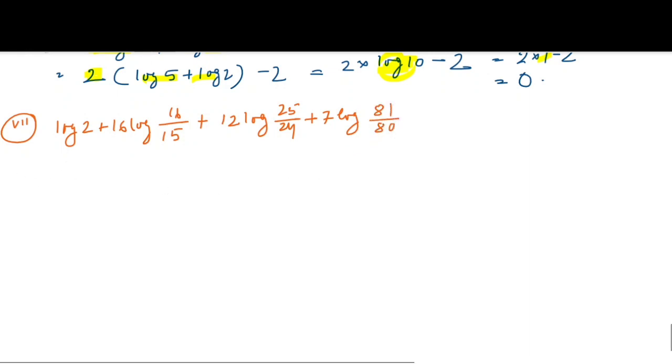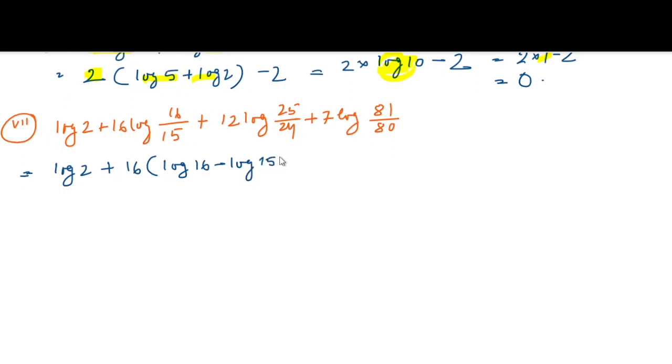Okay, let us see how to solve. Log 2 plus 16 log 16 minus log 15, okay, plus 12 log 25 minus log 24 plus 7 log 81 minus log 80.